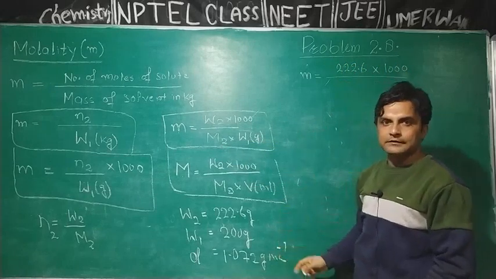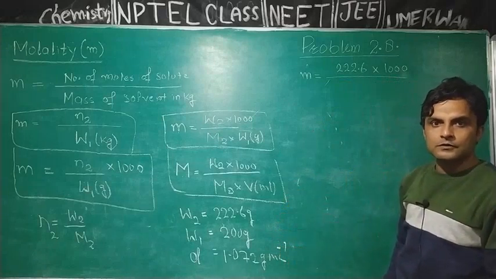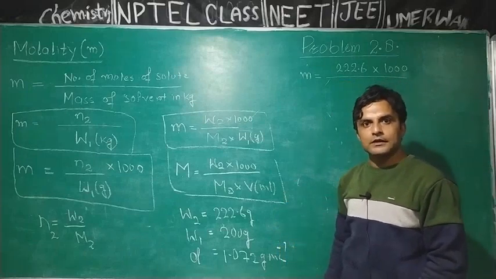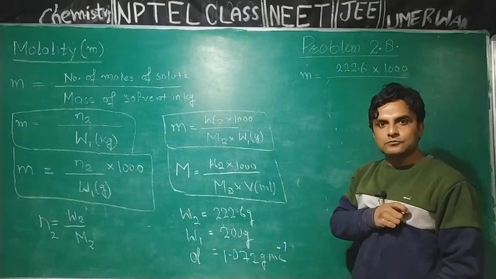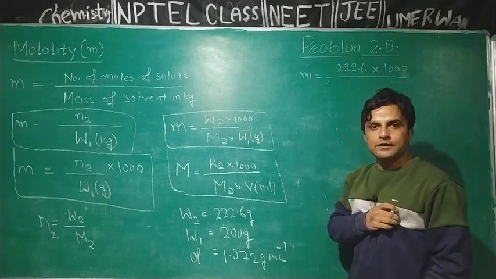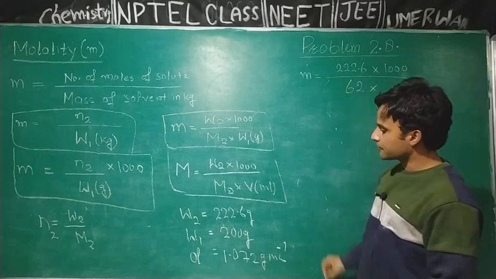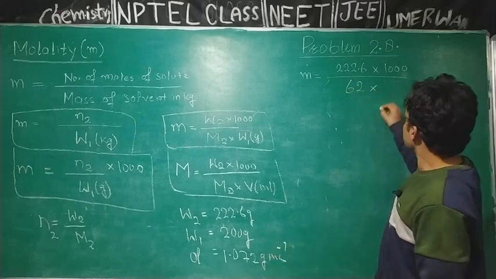The solute is ethylene glycol, C2H6O2, and its molar mass is 62. We add the atomic masses of 2 carbon, 6 hydrogen and 2 oxygen, and it comes to 62, multiplied by weight of solvent in grams, which is 200.